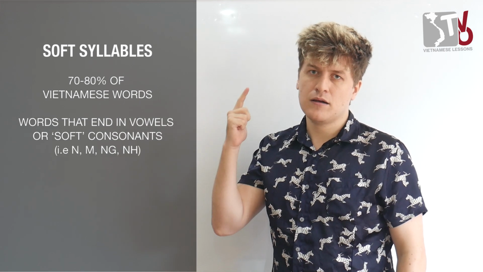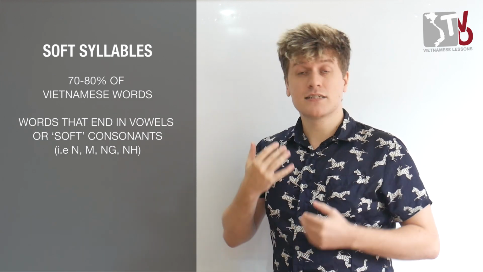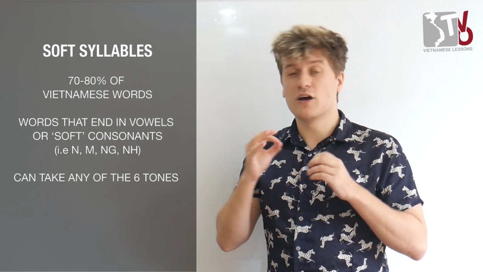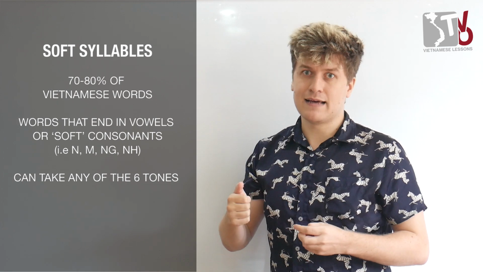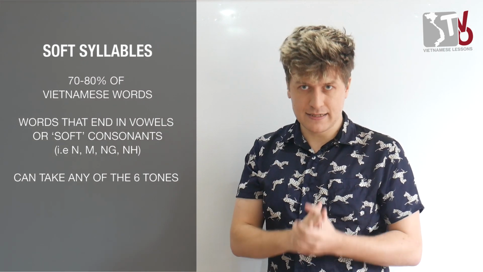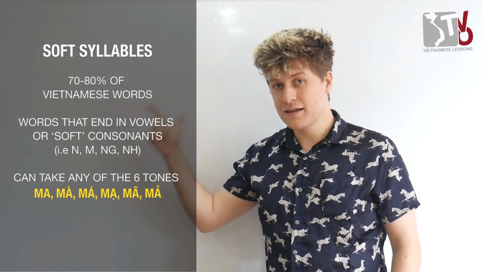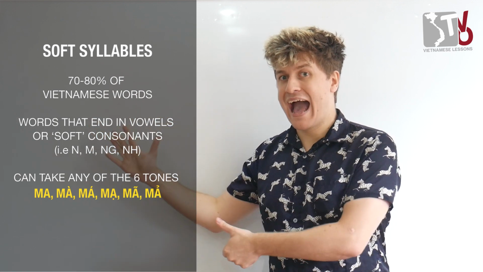So that's n, m, or ny. And these soft syllables, as I call them, can take any one of the 6 Vietnamese tones that you've probably already learned. So a famous example would be ma can have 6 different tones that you may have already learned. Ma, ma, ma, ma, ma, ma.